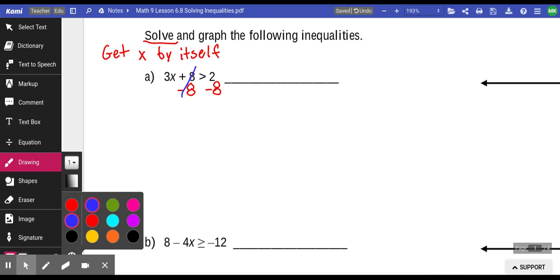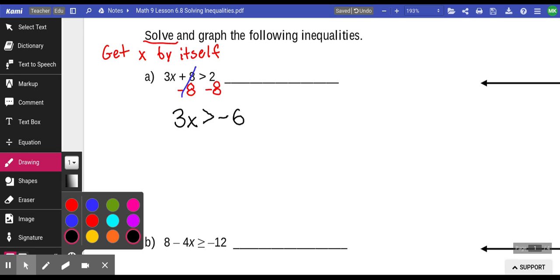And then on the right side, we have 3x, still with the greater than sign, and then 2 minus 8 becomes negative 6.